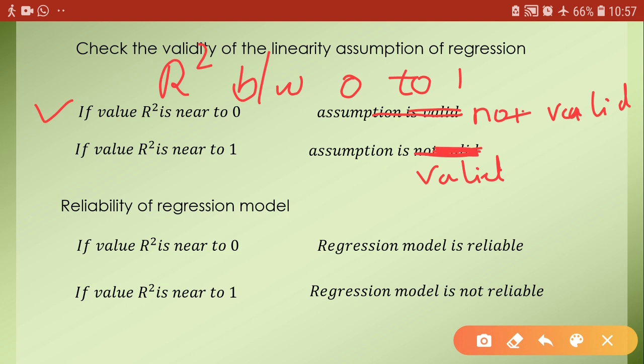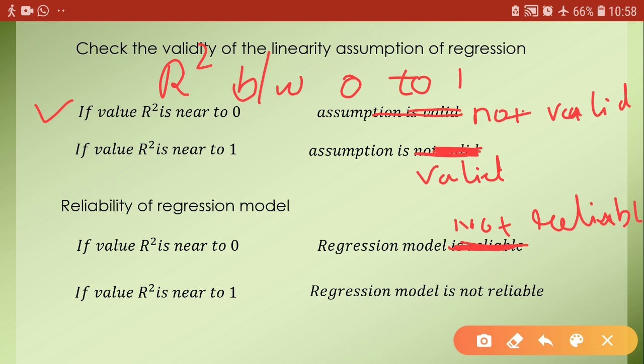There is another way to ask this question: the reliability of the regression model. They ask you to check the reliability. If the value of r square is near to 0, then your regression model is not reliable.